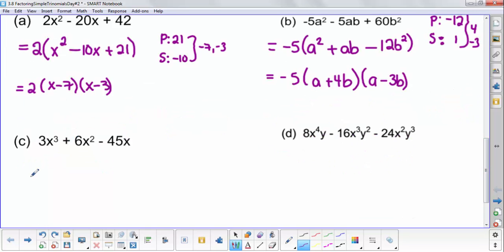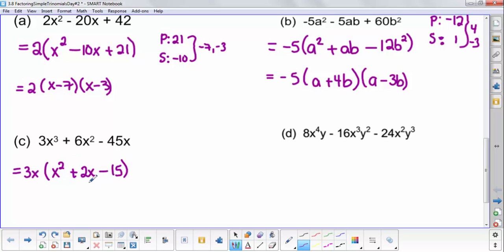For question C, again we need to common factor, but this time don't just look at the numbers, also look at the variables. Not only is 3 common, but x is also common. So we're going to factor out that 3x and take a look at what happens. Now we're left with an x squared, a plus 2x, and a minus 15.